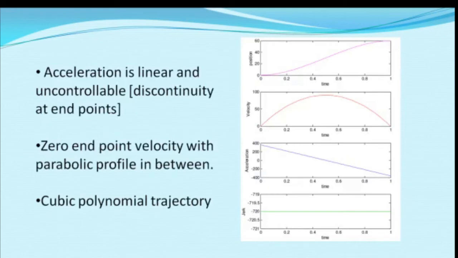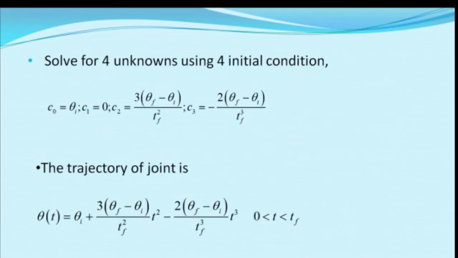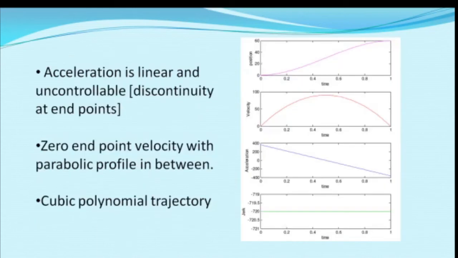Now, if you plot this equation, meaning the joint angle, joint velocity, and joint acceleration equations, for a particular set of values, I get this type of graph. From the graph, you can see this is the acceleration graph. It is a linear one, but uncontrollable. There is a discontinuity at the end point.